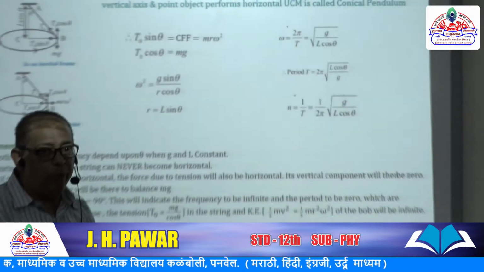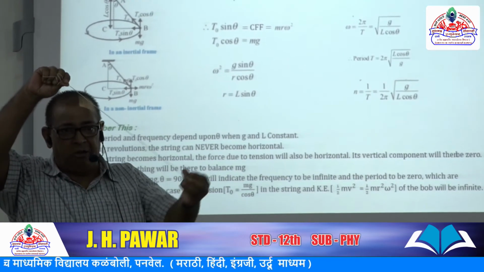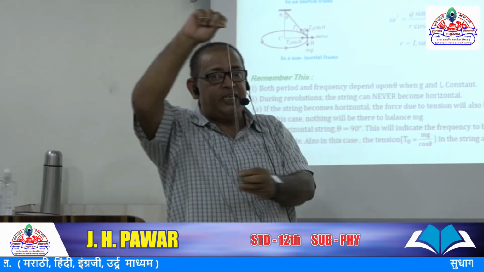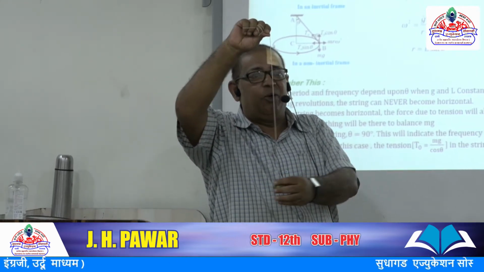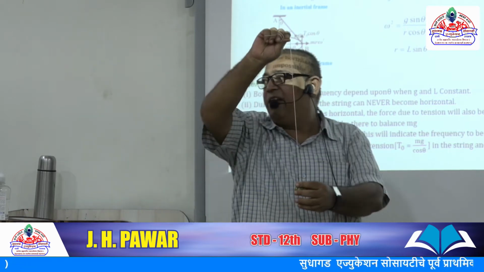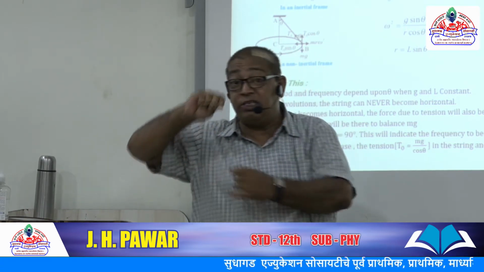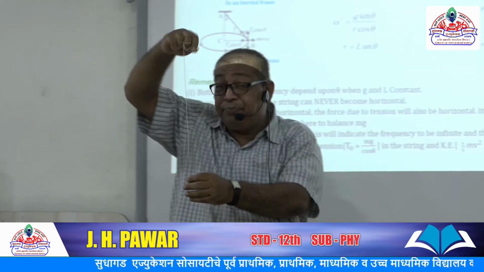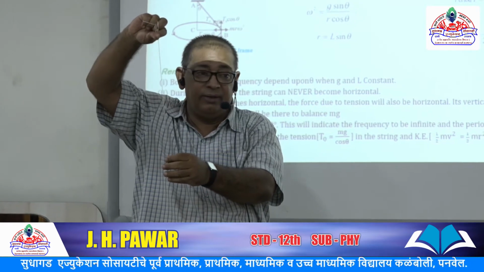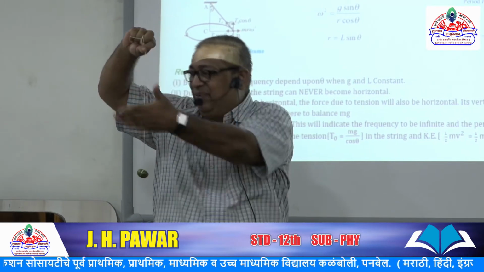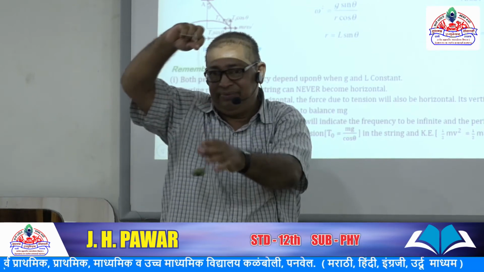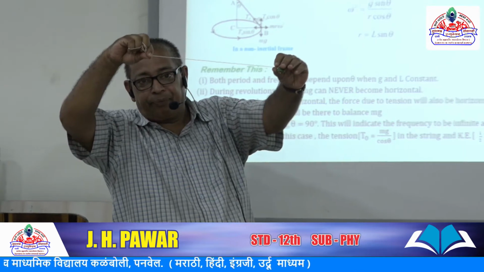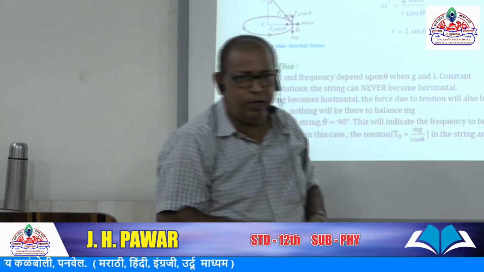We know that as theta goes on increasing, cos 0 is 1, but cos 90 is 0. As theta goes on increasing, the cos theta factor goes on decreasing.